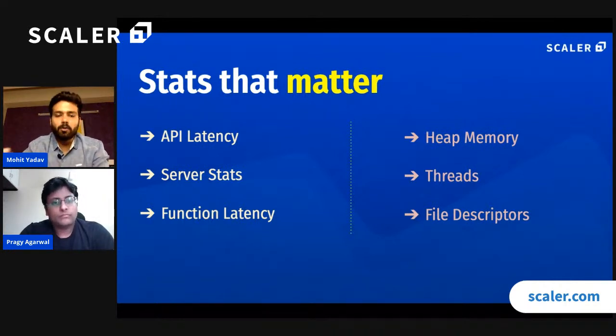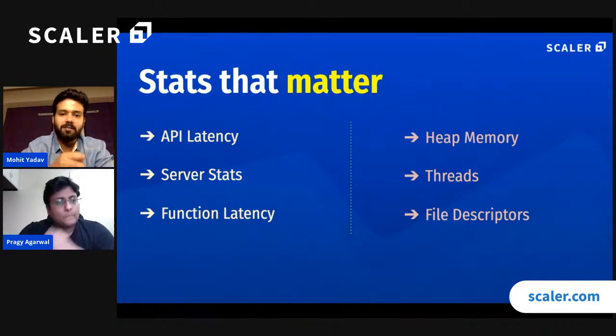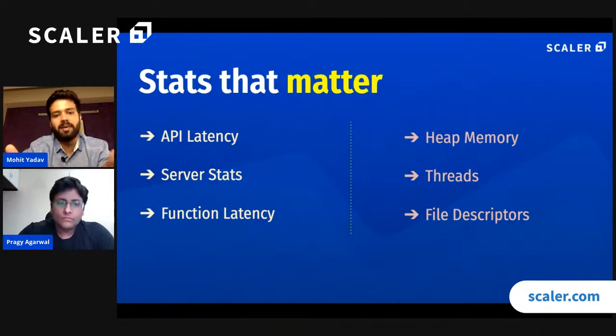I don't know if you know about file descriptors or not, but file descriptors are opened whenever you open up a file on the OS, right? You might have seen this. Just go back and do this experiment in any programming language.